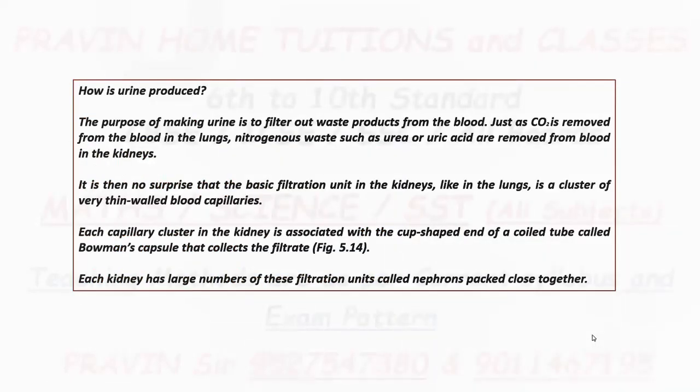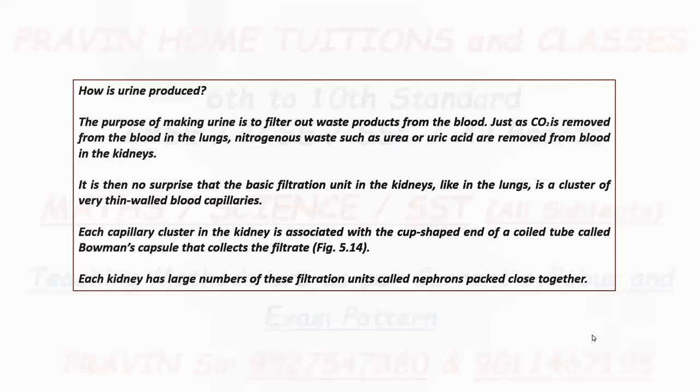How is urine produced? The purpose of making urine is to filter out waste products from the blood. First, CO2 is removed from the blood in the lungs. Nitrogenous wastes such as urea and uric acid are removed from the blood in the kidneys, and this remainder is nothing but urine.